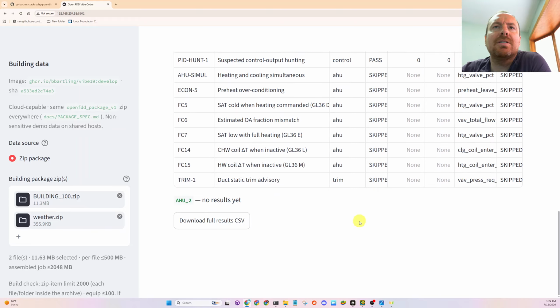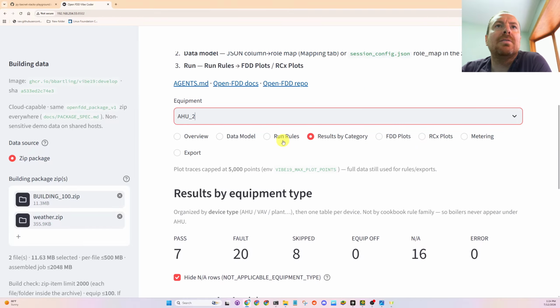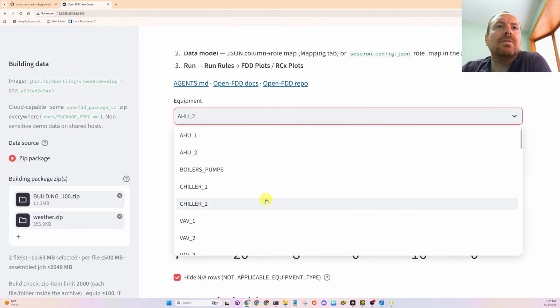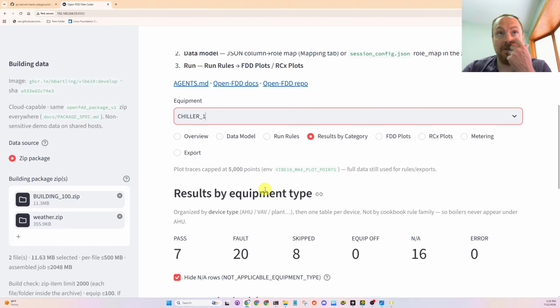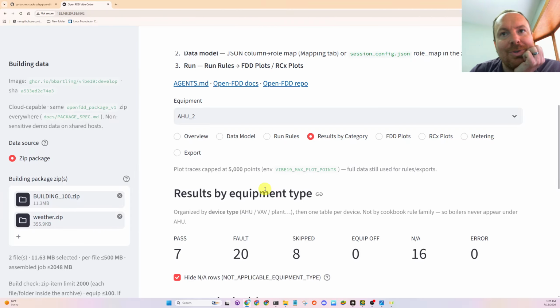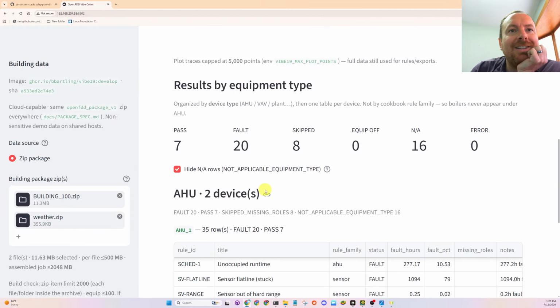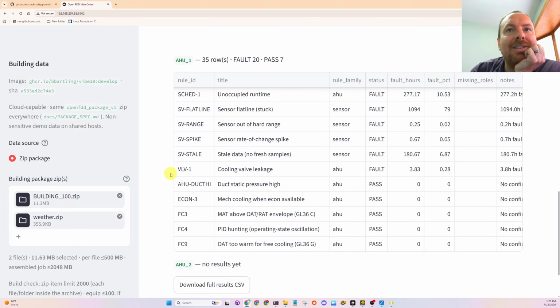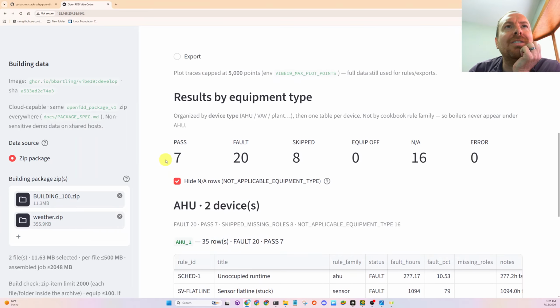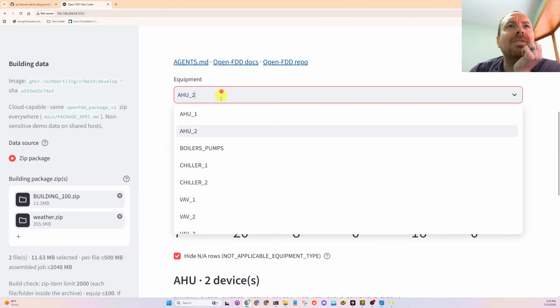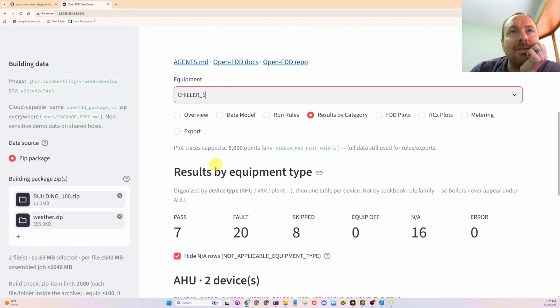So let's check the chiller. There's no way I'm going to be able to cover this. I was trying to do this within an hour, but there's no way that's going to happen. Okay, so let's look at the chiller.